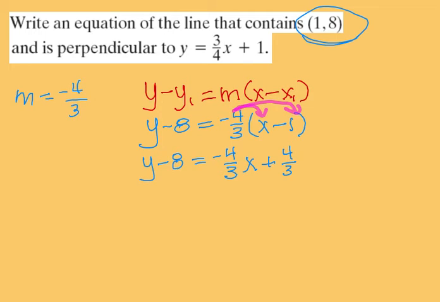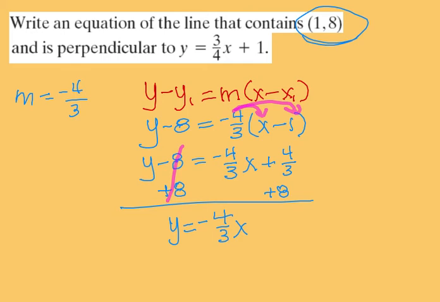So then my final step here would be to get y by itself by adding 8 to both sides, meaning that these will cancel out. And I can say that y is equal to negative 4/3 x and then 4/3 plus 8.